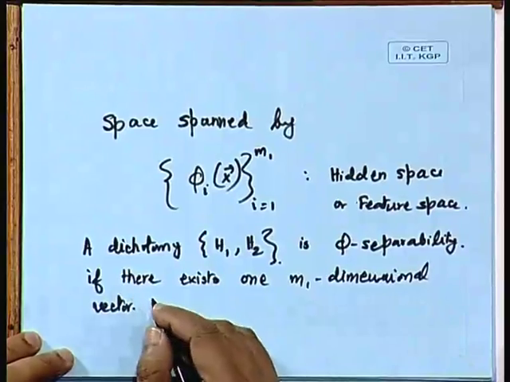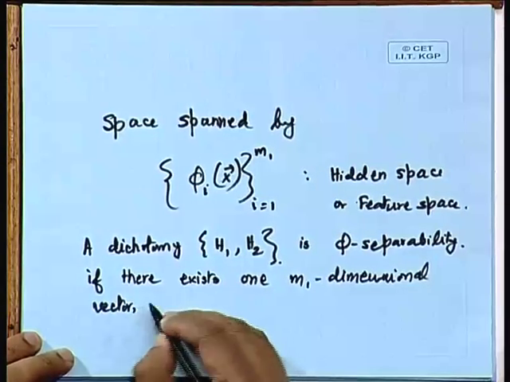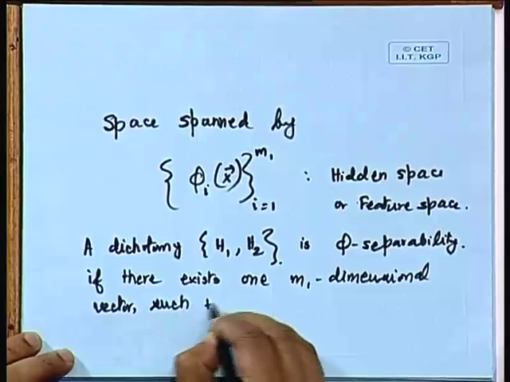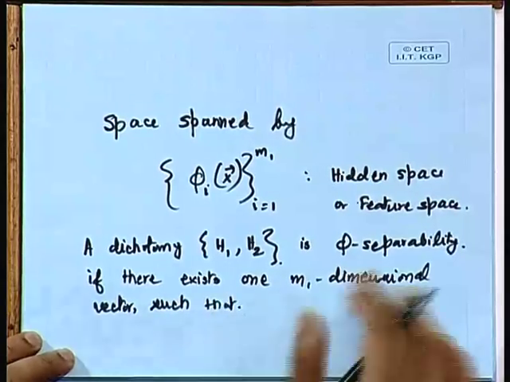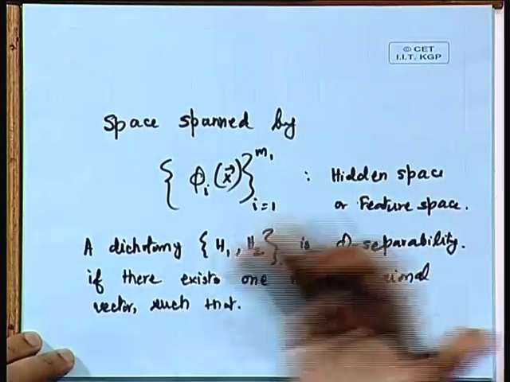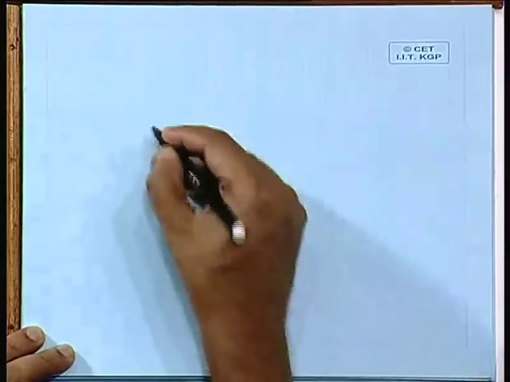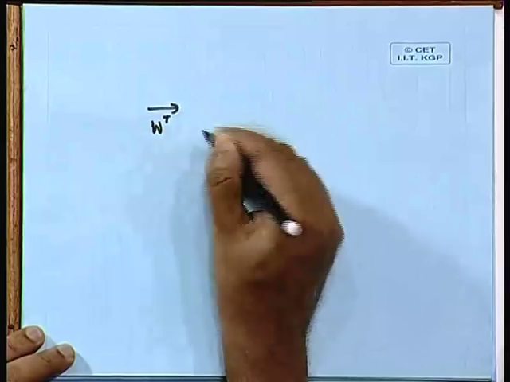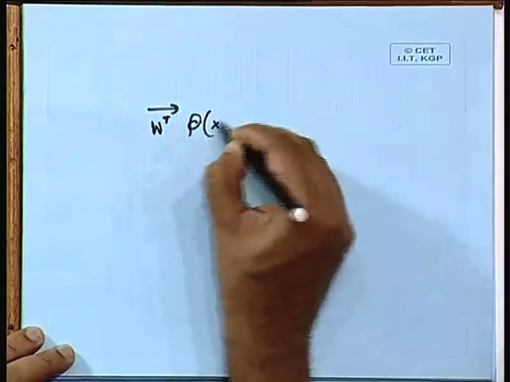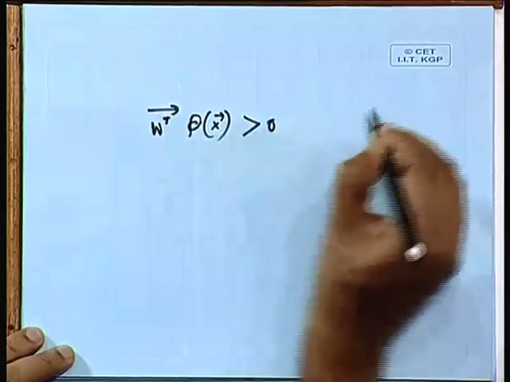So, if there exists one M1 dimensional vector, what is the separability condition? That is our good old separability condition: in the phi space, W transpose phi x vector should be greater than 0.